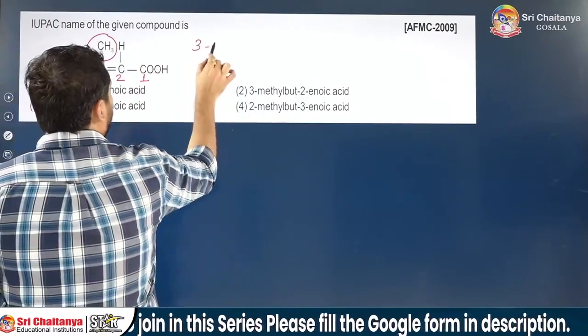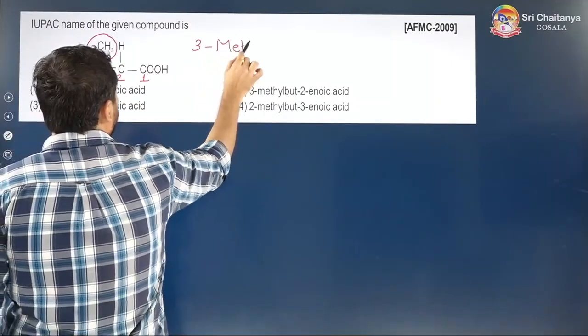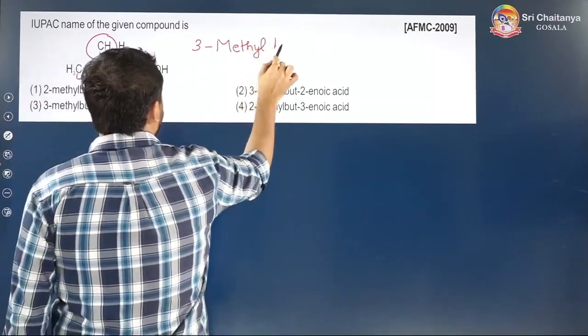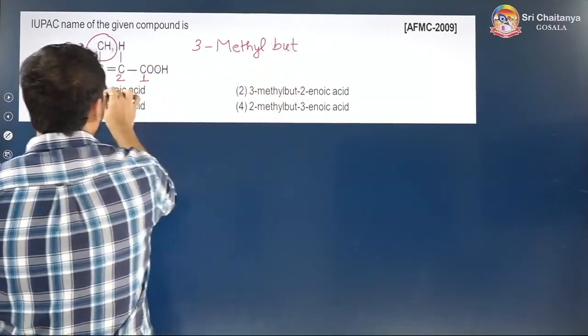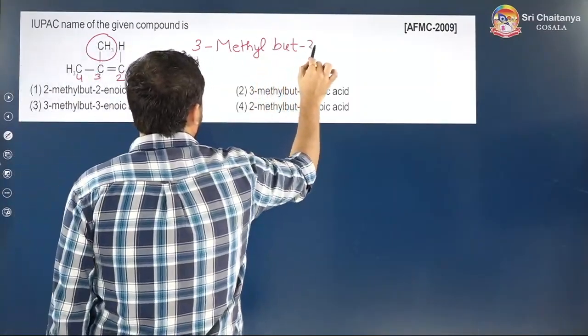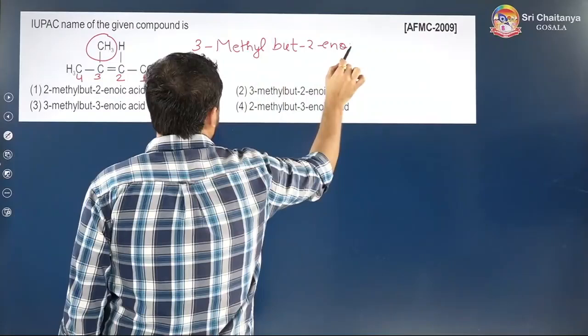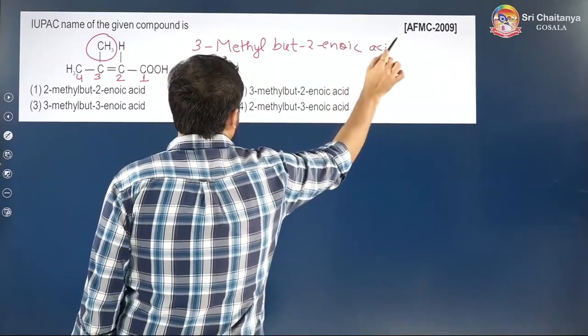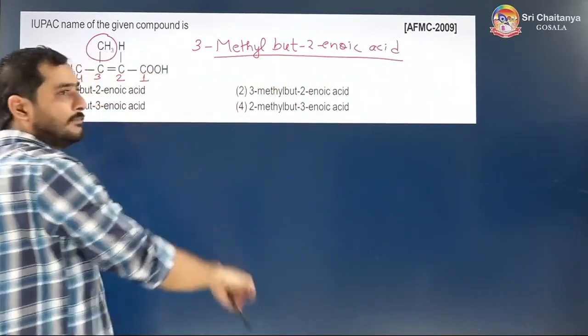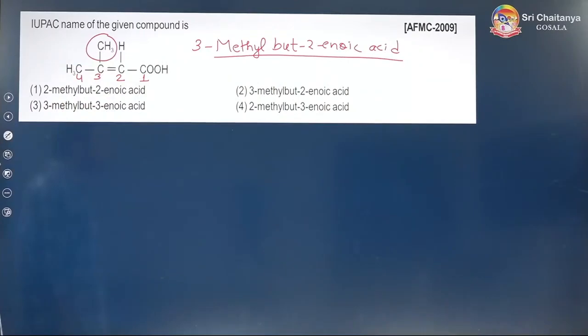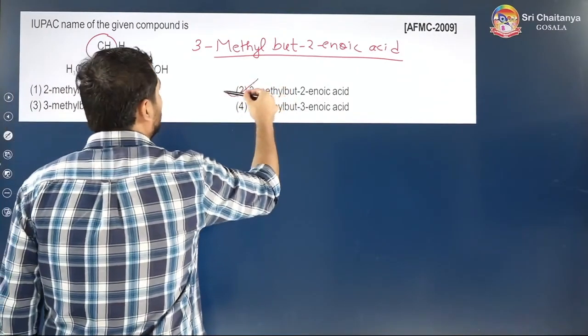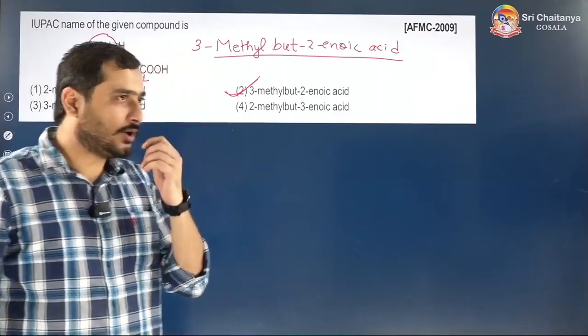So it will be 3-methyl. Now for 4 carbon atoms, what is the word root? But. Now the double bond is present at which position? 2nd. So butene and next is oic acid. So what is the name? 3-methylbutenoic acid. So which option will match? Option number 2.